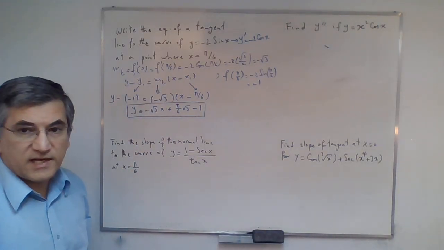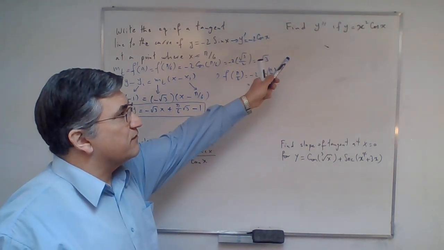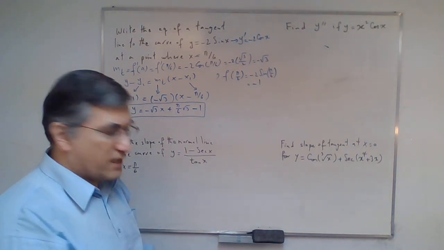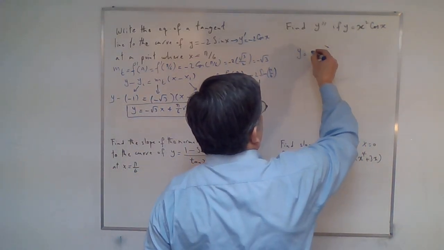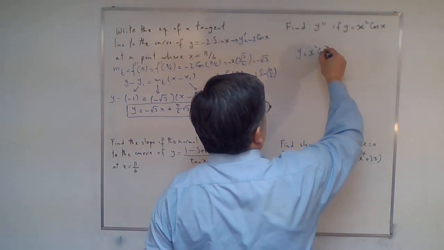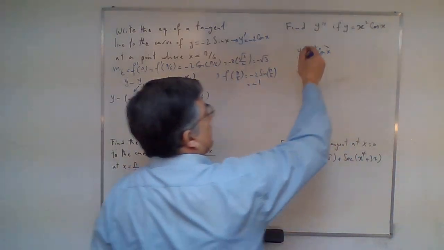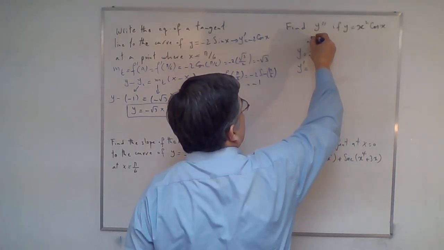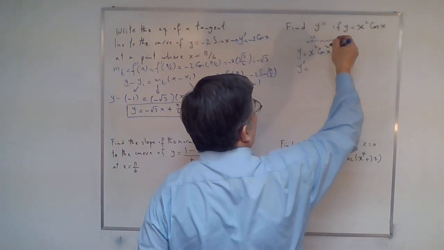That's one example. Another example, it says find the second derivative of x squared cos x. Okay, so I'm going to start with the first derivative, obviously. So x squared times cos x, the first derivative, we know that we have a function here, quadratic function here, and we have a trigonometric function, a cosine function right there.